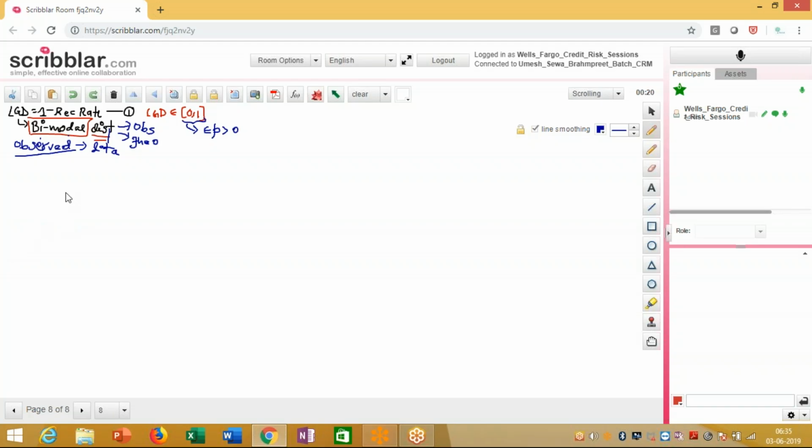Let's use an example. Let's say I have a variable x, and for each value of the variable x, there is a frequency of occurrence.